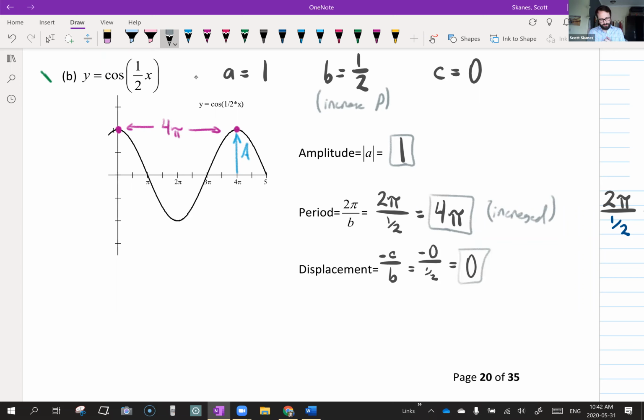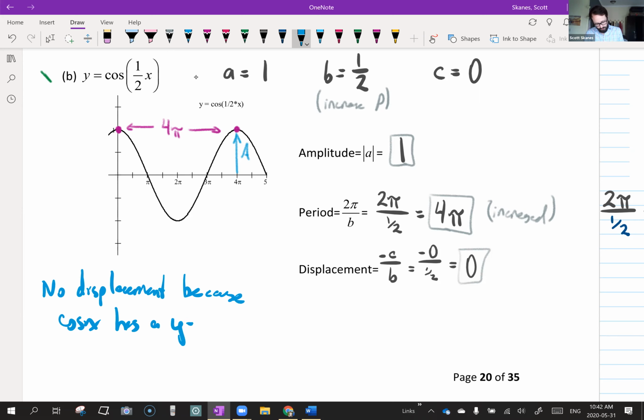Okay, and there's no displacement. Let me make a note of that. You can tell by the graph that there's no displacement because cosine x has a y-intercept. If you remember from a few pages ago, the y-intercept for cosine is 0, 1, which hasn't moved.